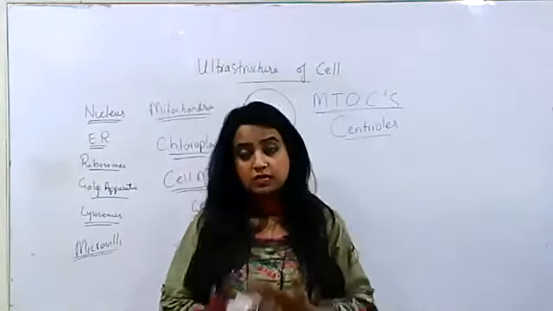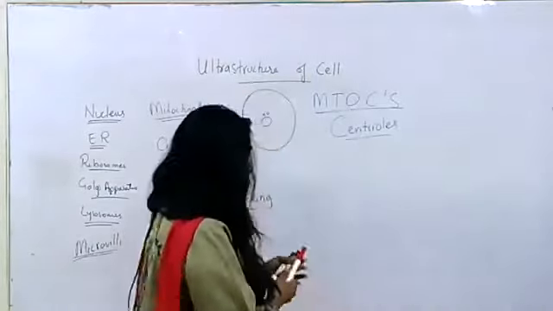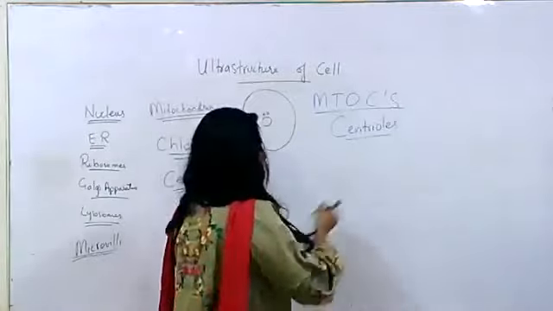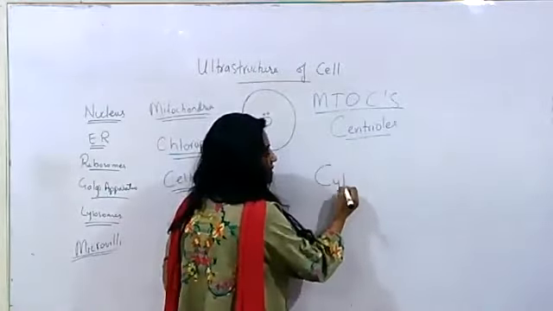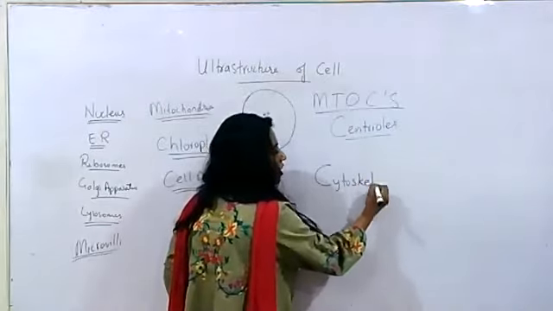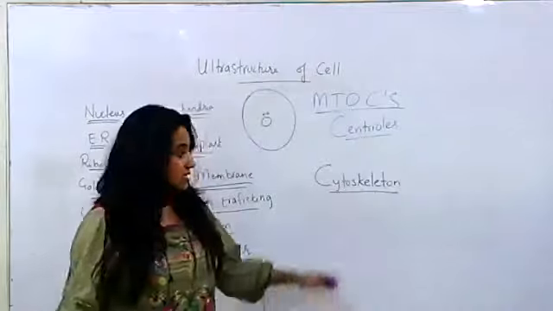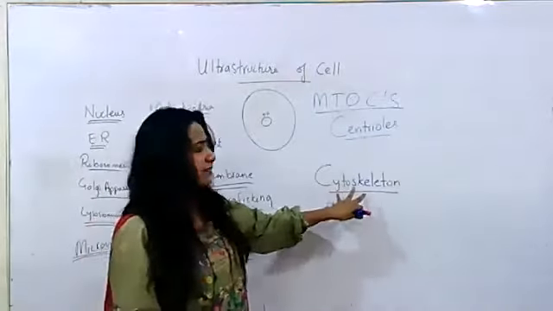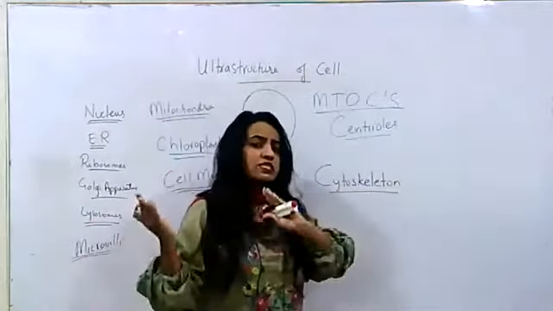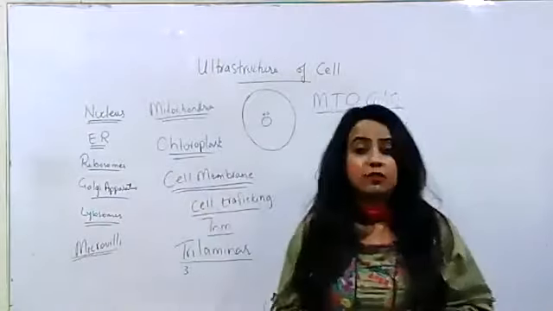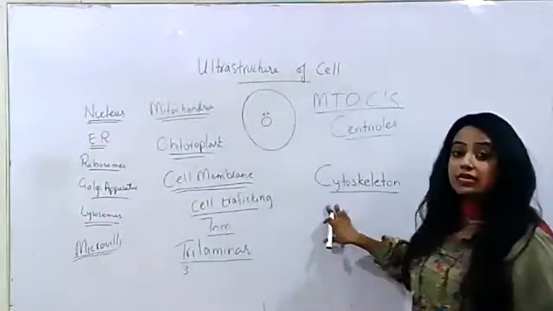Every cell contains a skeleton. And the skeleton of the cell is termed as cytoskeleton. Cyto means cytoplasm and skeleton means obviously skeleton, right? So the skeleton present inside the cytoplasm is termed as cytoskeleton.